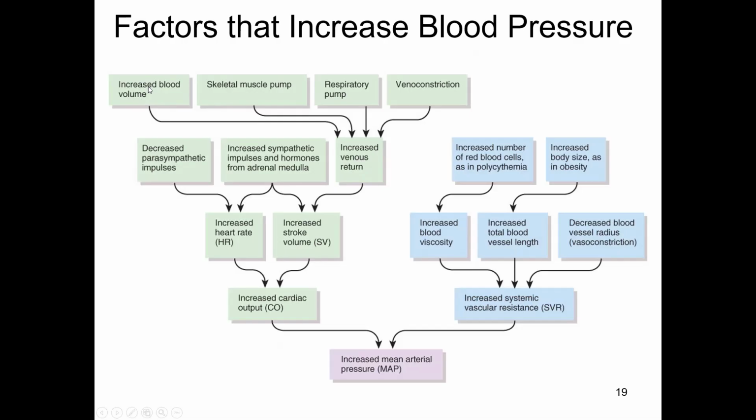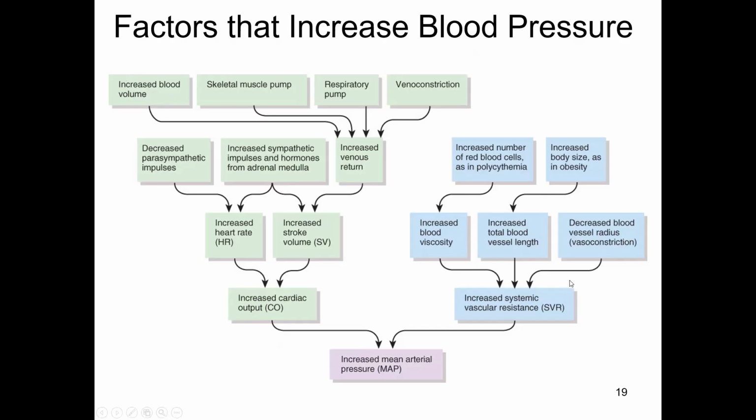Increased blood volume will be increasing venous return because more blood is flowing at first to the right and then to the left ventricle. So increased blood volume, and you'll see in a few minutes just how incredibly useful this way of increasing eventually cardiac output and therefore increasing blood pressure. So this is the hard portion.